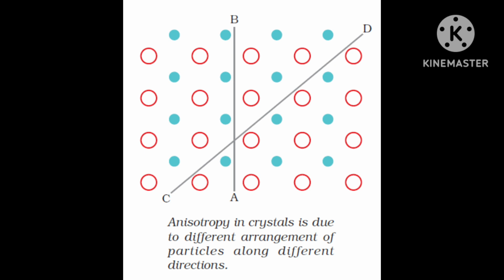Second, each point in a crystal lattice represents one constituent particle. That point is called a constituent particle.